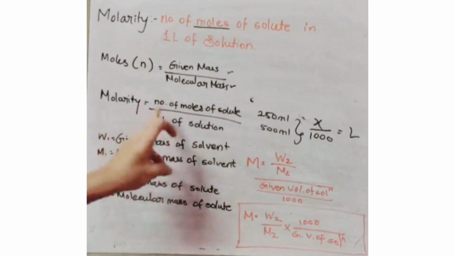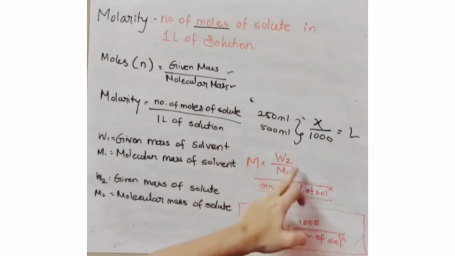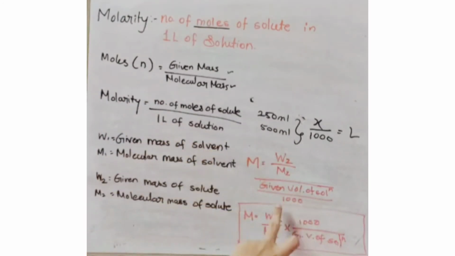Then I put these values in: number of moles using the moles formula as W2 by M2, and 1 liter of solution as the given volume of solution divided by 1000 to convert it into liter. So we got the formula, molarity is equal to W2 by M2 into 1000 divided by given volume of solution. So write it down fast.